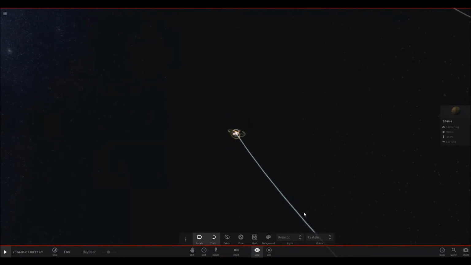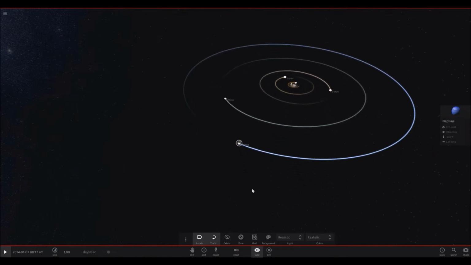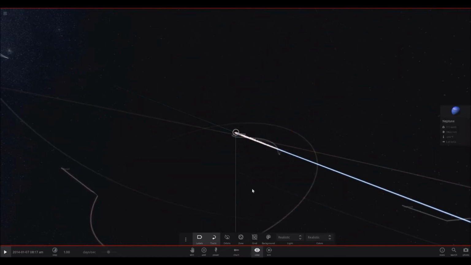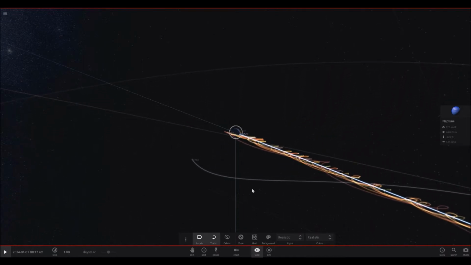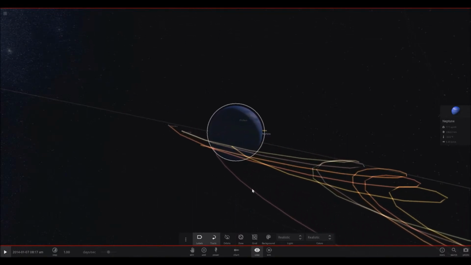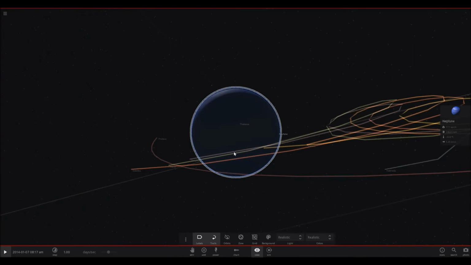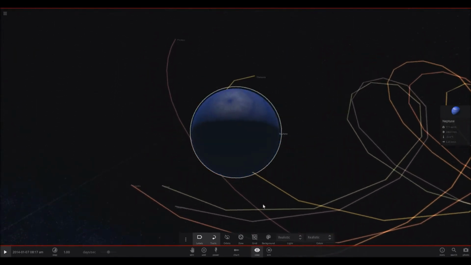And then we're going to have Neptune, who has 13 moons. The trails aren't anywhere near as bad, we can actually see. We're looking for the most famous of Neptune's moons, which is Triton. Oh, I can't see at all.